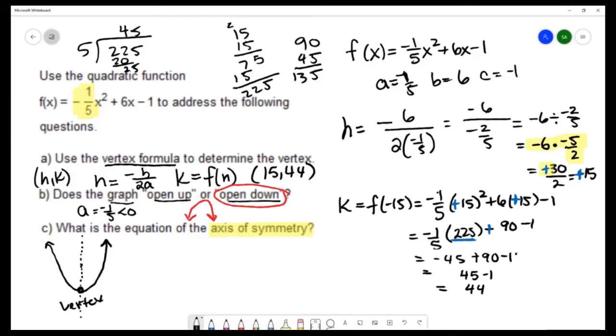And it's a vertical line, and the equation of a vertical line is always x equals. And we're going to use that x-coordinate from the vertex because the symmetry is around the vertex. So our vertical line, which is the axis of symmetry, is x equals 15.